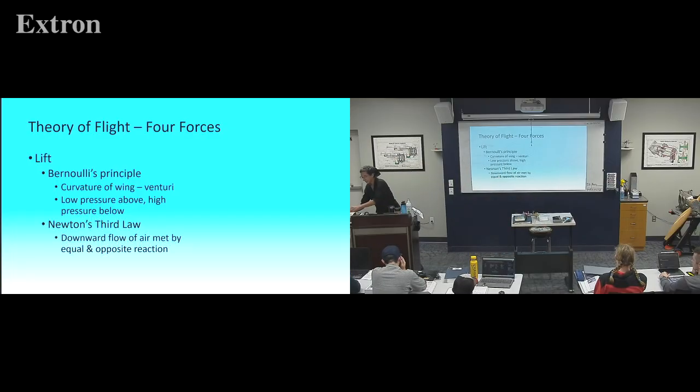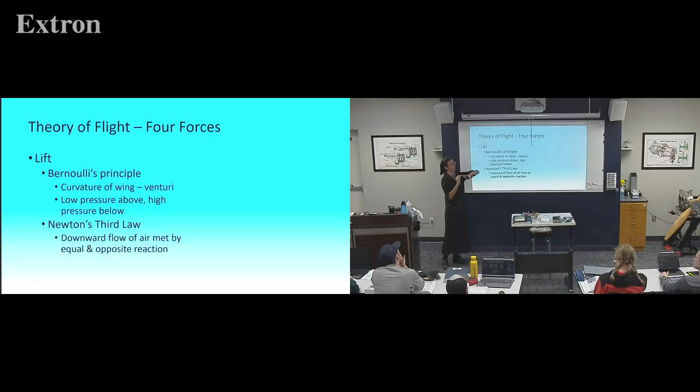For Bernoulli, you can demonstrate it. People say we don't have an actual venturi because this is not a closed tube, it's all open on top, but you can demonstrate it. You take a piece of paper, and if I blow across the top of this paper, what would be happening to the velocity of the air?